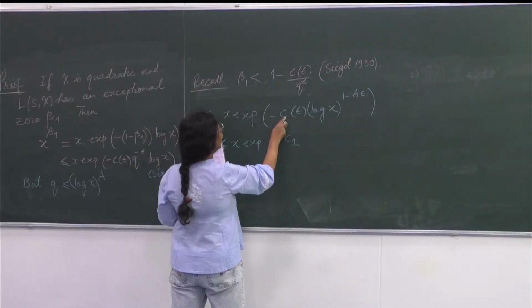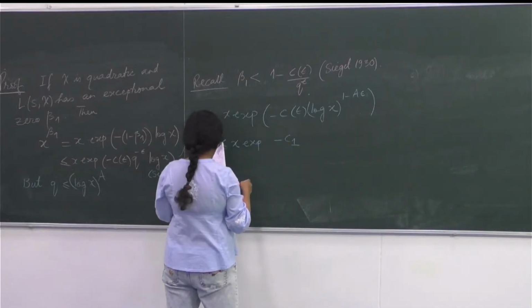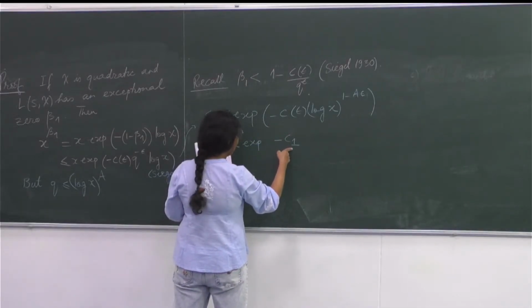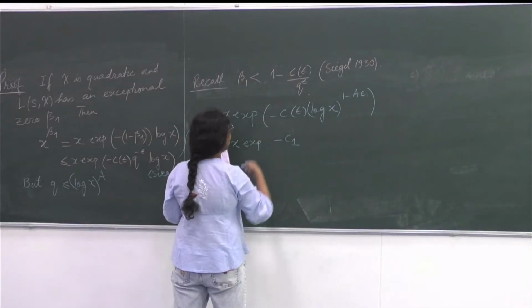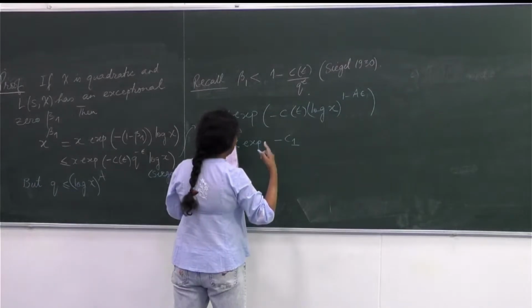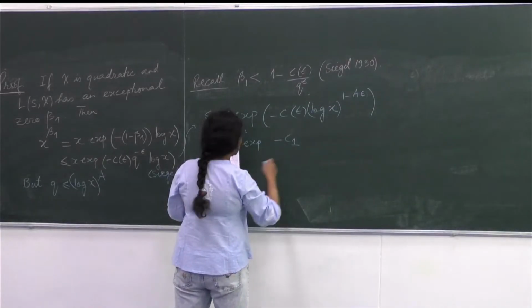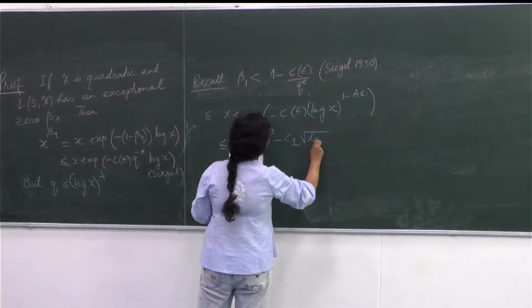This c is the c of this c, not necessarily the same one that comes from the explicit formula.